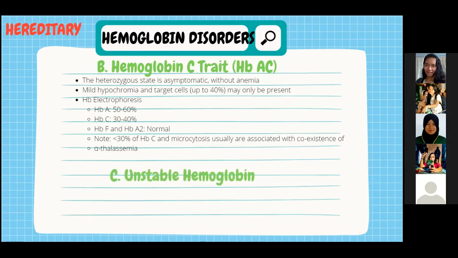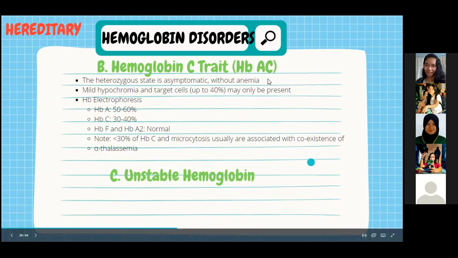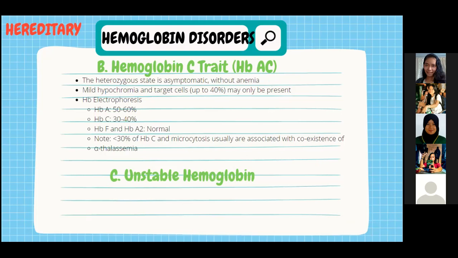So now let's have the hemoglobin C, or the HbAC, which is the heterozygous state, is asymptomatic or without anemia. The HbC is a variant hemoglobin with a mutation in the beta-globin gene, causing substitution of glutamic acid for lysine at position 6 of the globin chain. Another amino acid substitution occurs at the same site of beta-globin, causing the sickle cell hemoglobin, and the HbC may be present in the heterozygous state, as I have stated there.